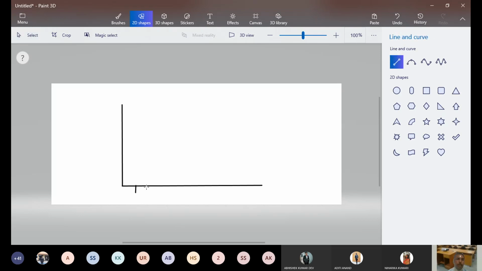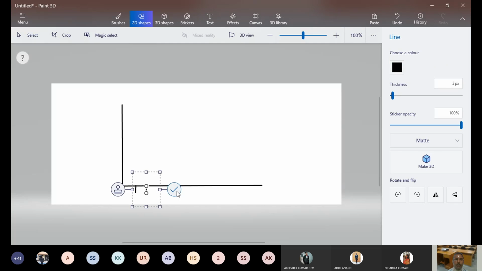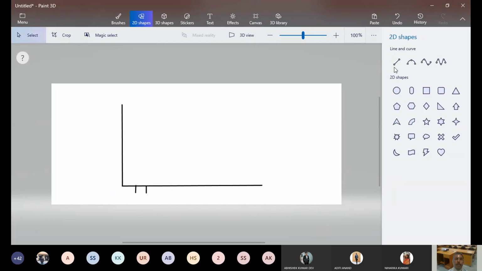In fact, if you have a graph paper, you'll find it is already divided into equal parts. And that is what we do when we have a freehand paper as well. We divide it into equal parts.